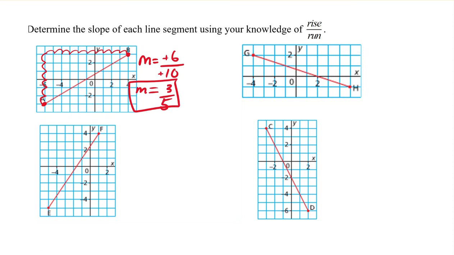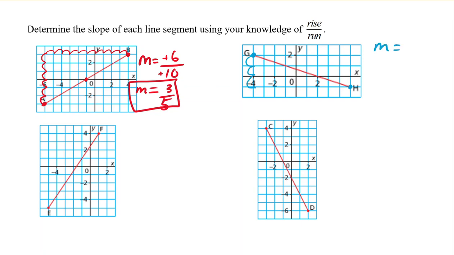Basically, what's happening here for a slope of 3 over 5 is every time we go from one really nice point to another really nice point, we go up 3 over 5, up 3 over 5. That's what's happening. Let's do another. Let's go from G to H. So how much do we go up and how much do we go over? Well, I don't go up, I go down 3.